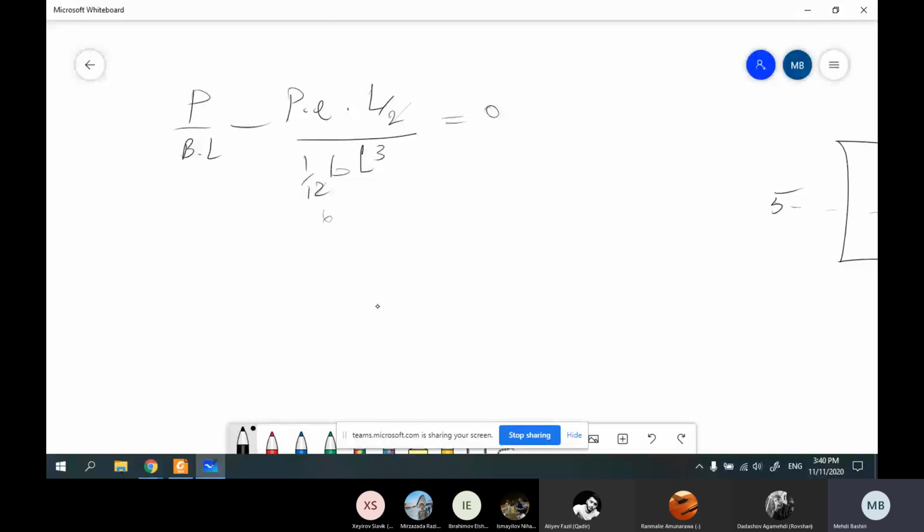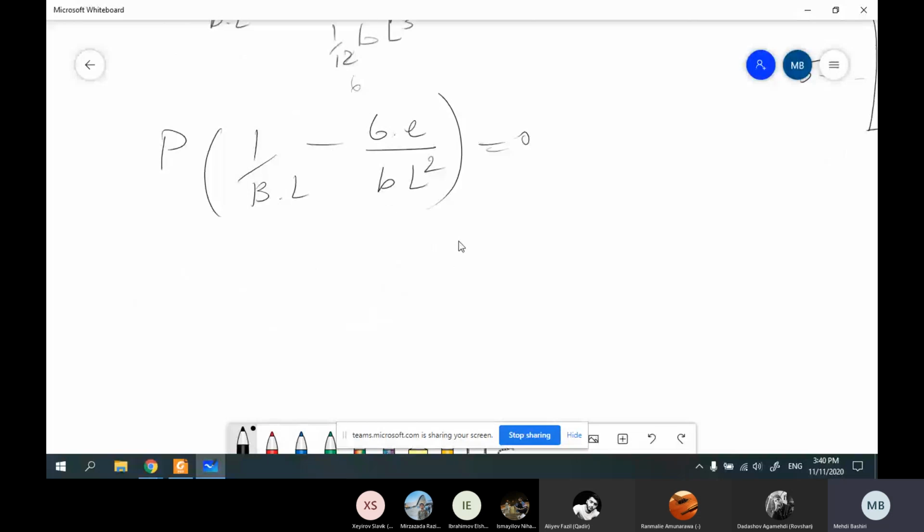you can see P over B L, and this is 6. Instead of P, in your book Q is used. 1 over B L minus 6 divided by B L squared, at P should be 0. This one is not 0, so this one is 0. Or let me factor L even.